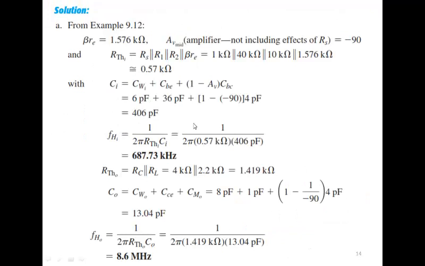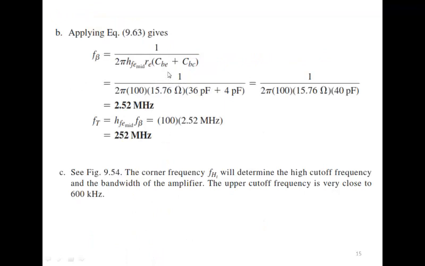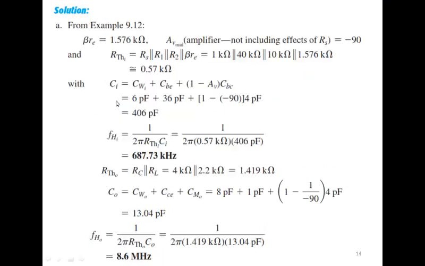FHI is this one, FH0 is this one, and this is F beta. You can plug the values of R Thevenin I and Ci. R Thevenin I is nothing but Rs in parallel with R1 in parallel with R2 in parallel with beta Ra.